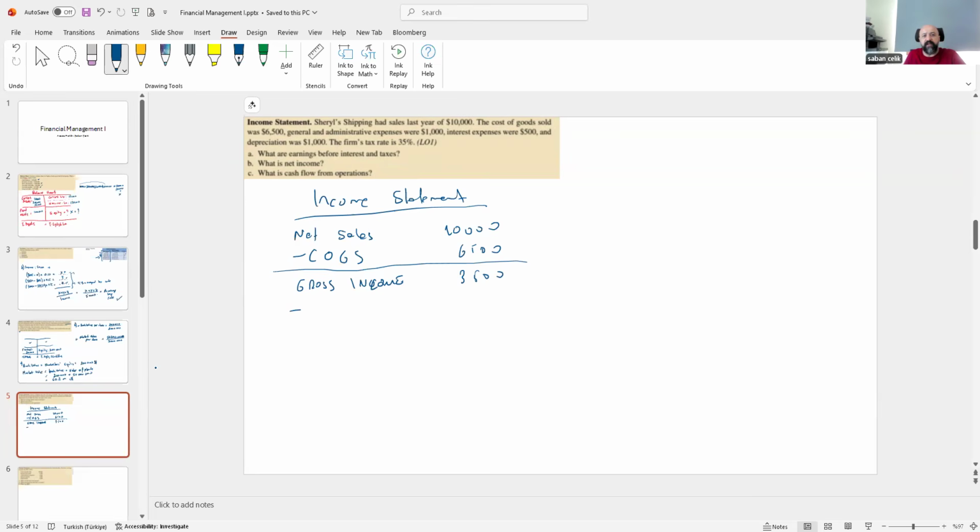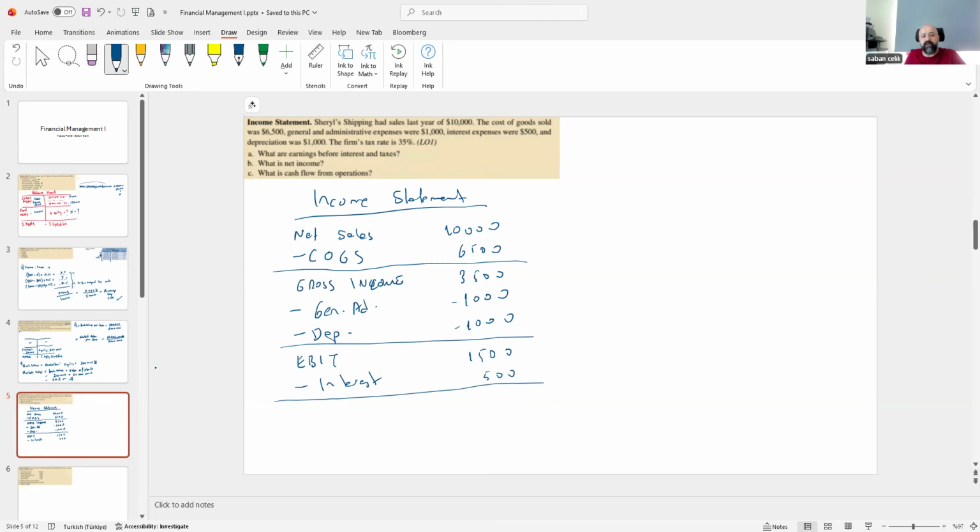Then I should deduct some costs. General and administrative expense is 1 million, and minus depreciation. Do we have depreciation expense? Yes, here 1 million, another 1 million. So this is going to be earnings before interest and taxes. Minus figures, so it's going to be 1,500. Now I need to deduct interest expense, which is 500.